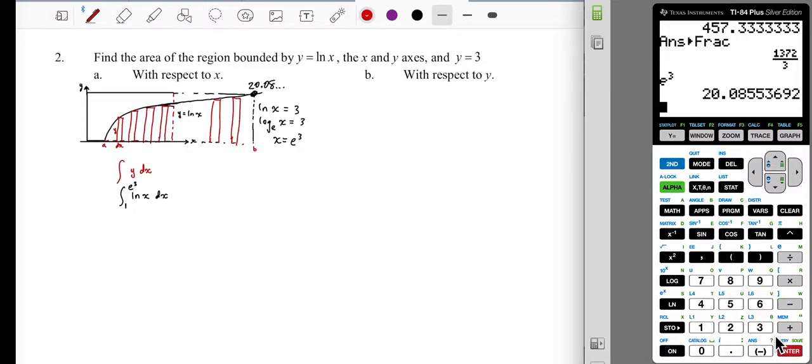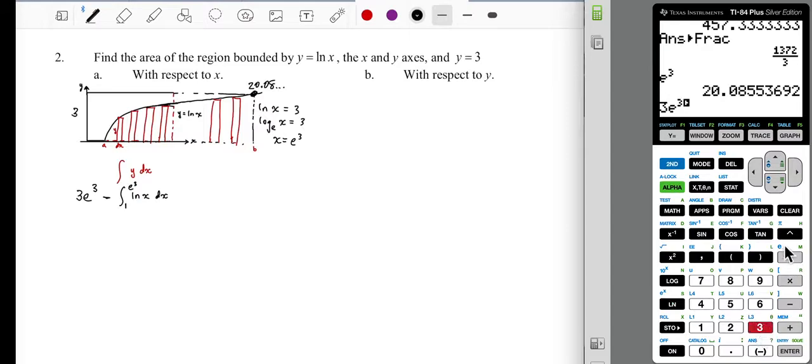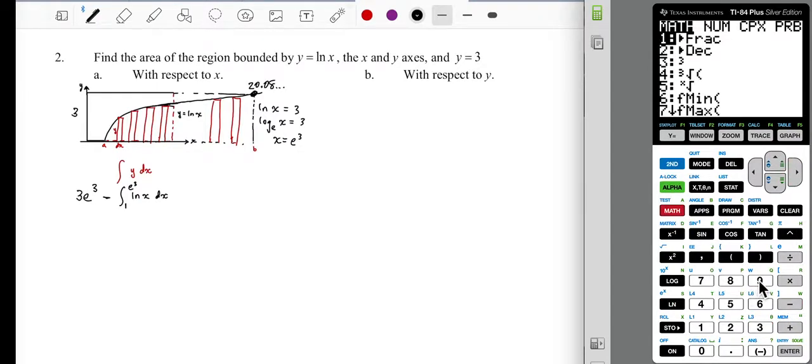All right, and so the length of that entire rectangle in terms of x is e to the third power. The height is 3. So 3e to the third power minus that integral will get us where we need to go. All right, so 3e to the third power minus the integral of ln of x.